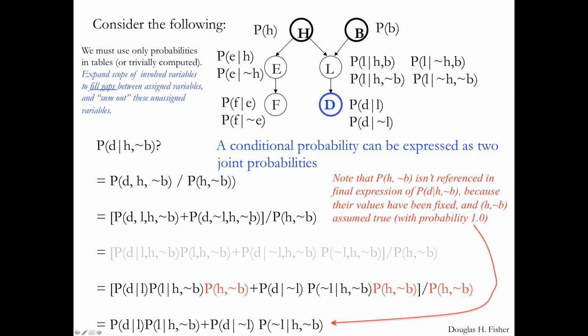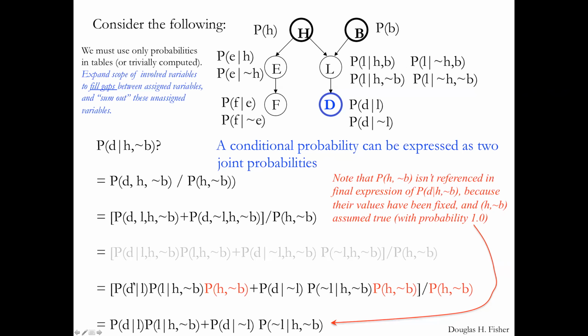Again, I can rewrite this. I'm going to skip this intermediate step that uses the chain rule and go to probabilities that are found directly in the probability tables.